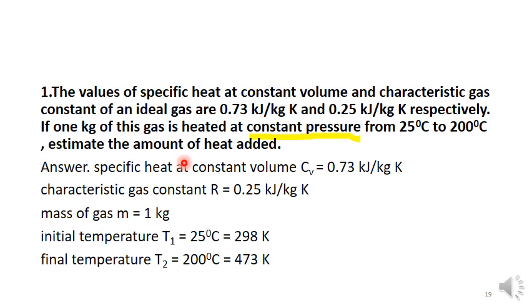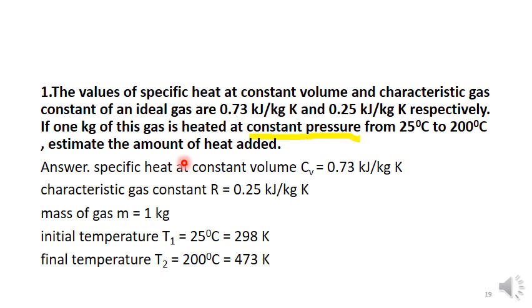In this problem they have not given the specific heat at constant pressure value, but they have given the specific heat at constant volume and the R value. So we know the relation between the specific heats and R, and we can calculate the Cp value. What is the relation between Cp, Cv and the gas constant R?